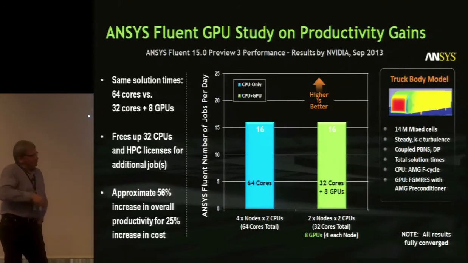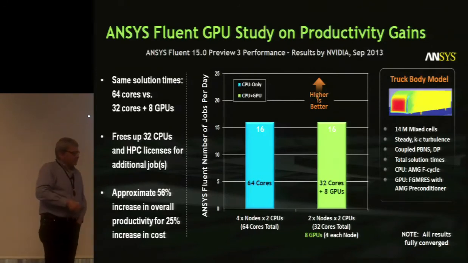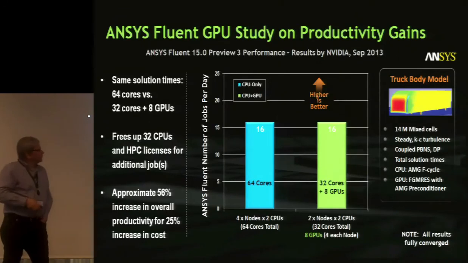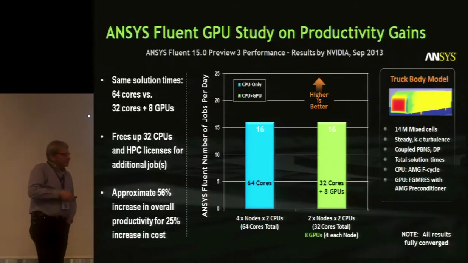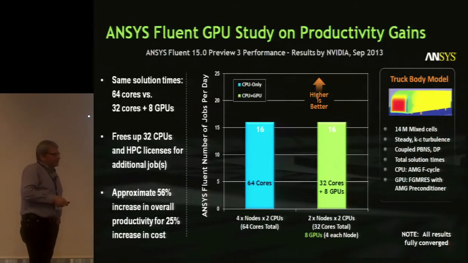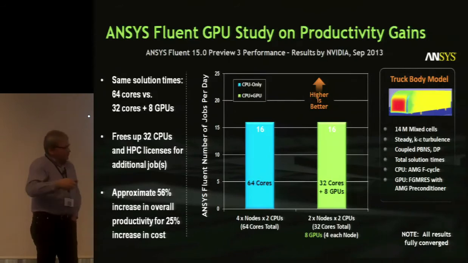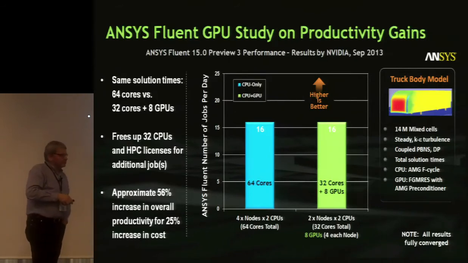So you save the costs for two nodes, and you have to add, in this case, additional GPUs, but you save a lot of network costs and so on. So in total, 56% increase in overall productivity for 25% increase in cost.